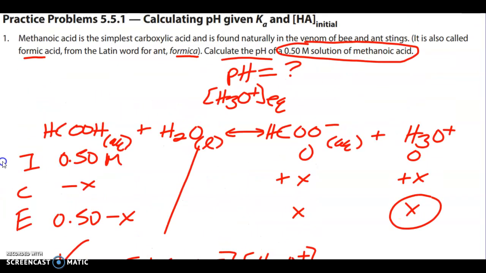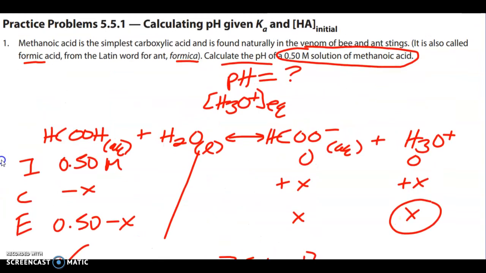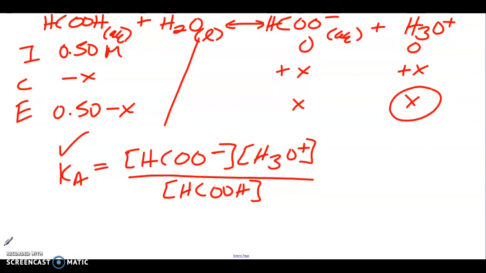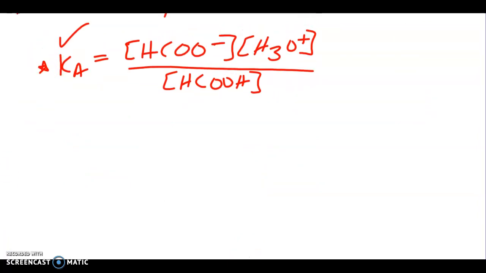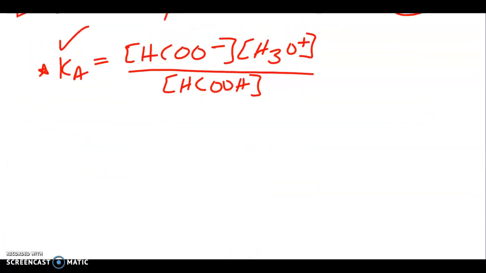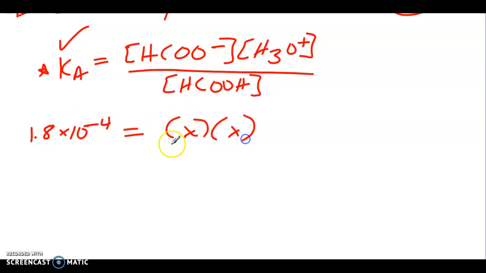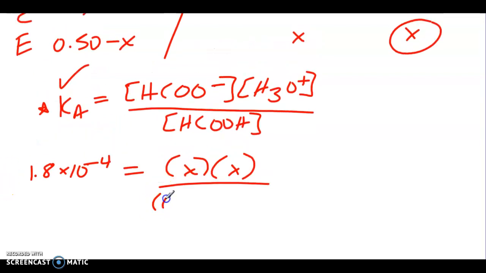Even though they don't tell us the temperature, unless they say the temperature, we can assume that it's at 25 degrees. So we would look up this value from the appendix at the back of the book, this is 1.8 times 10 to the negative 4 is equal to x squared, and this guy here is 0.50 minus x.